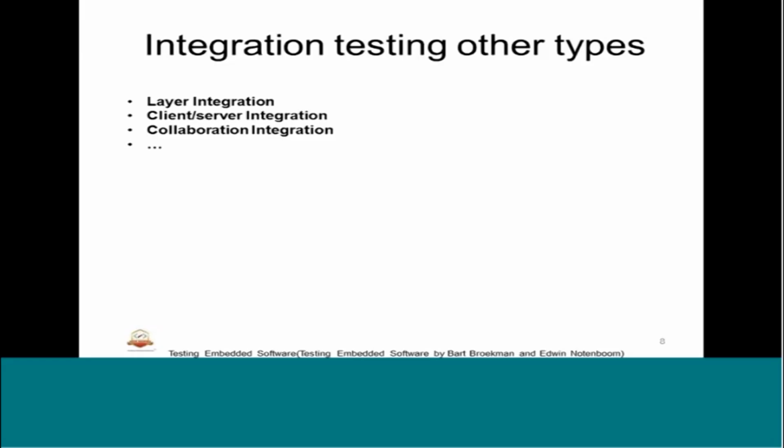Many objects belong to more than one collaboration because we have a lot of collaborations based on the use cases and the scenarios. So basically, the collaboration is the focus here. The choice of the collaboration will become a necessity in terms of covering the complete system. So that is how collaboration integration is done.